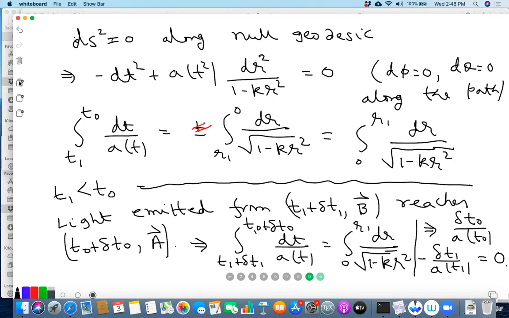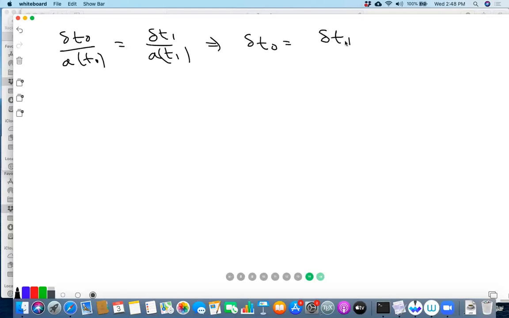Any question? Okay. So let me write this again. So this basically tells us that delta t0 is delta t1 over lambda t1.